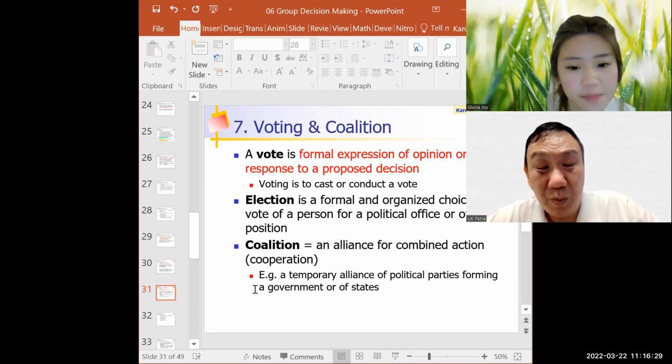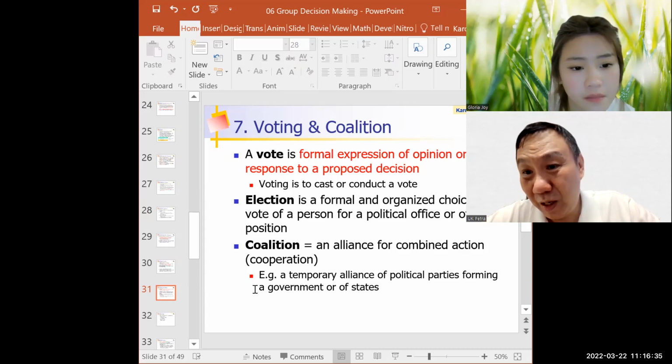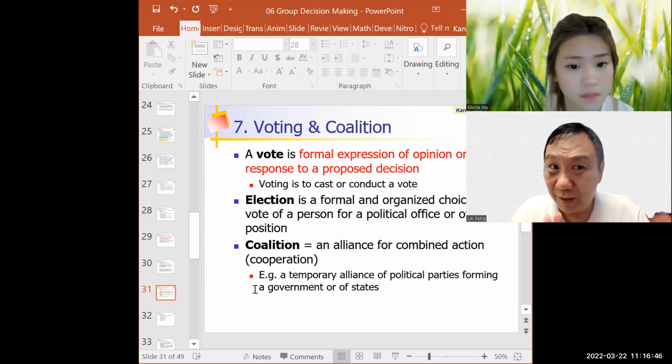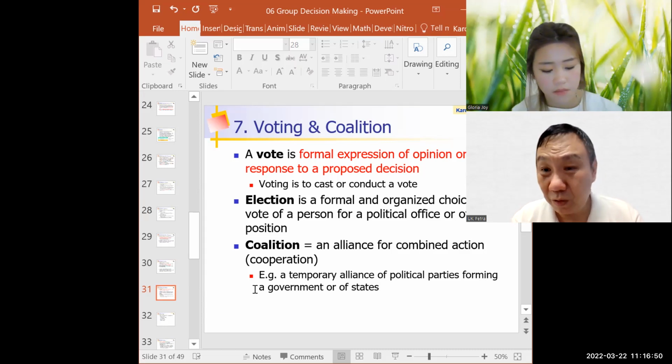So when you don't want to vote and you deal with consensus, that is the most stupid and inefficient way, and that still happens in Indonesia. That's why I'm telling you this lesson about group decision making is important. Don't try to reach consensus. Just do a voting.